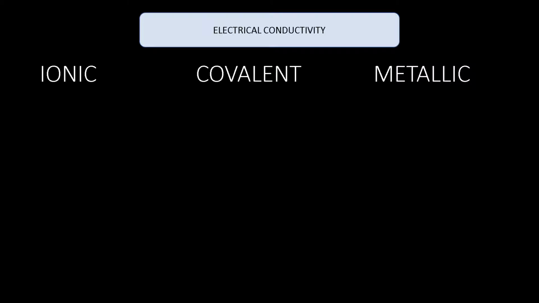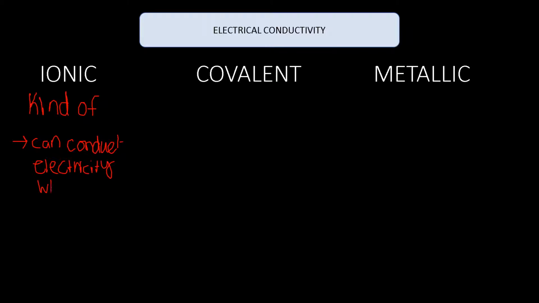Now we're going to talk about electrical conductivity, and I'll elaborate on each of these answers a little more. An ionic bond is kind of conductive in terms of electricity because they can conduct electricity when they're melted or dissolved in water.